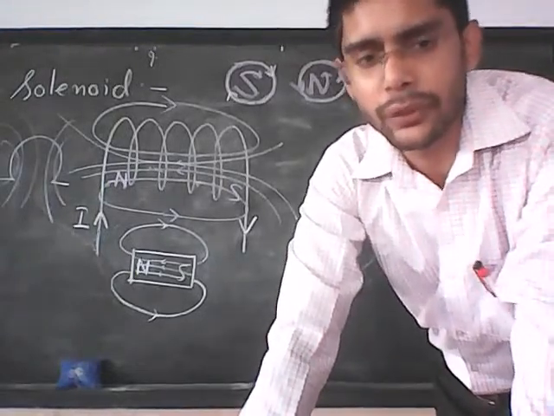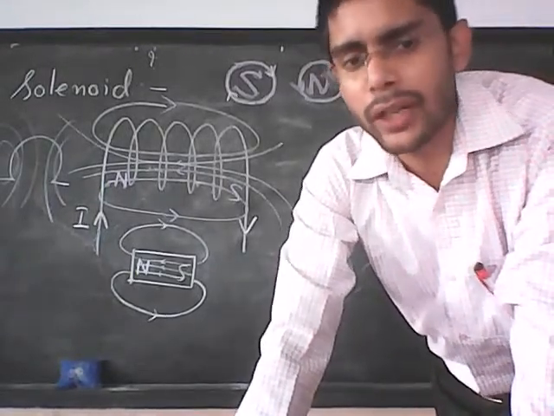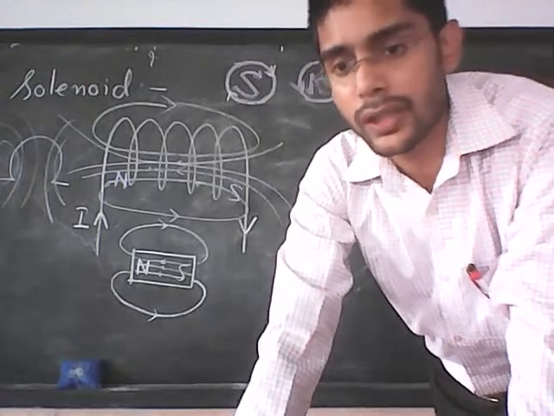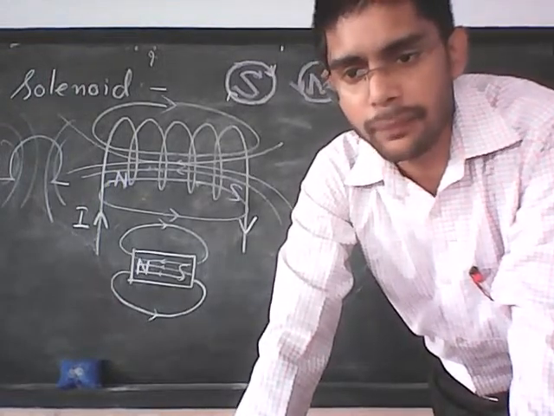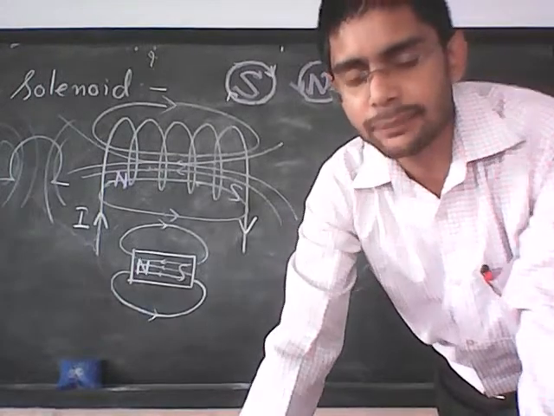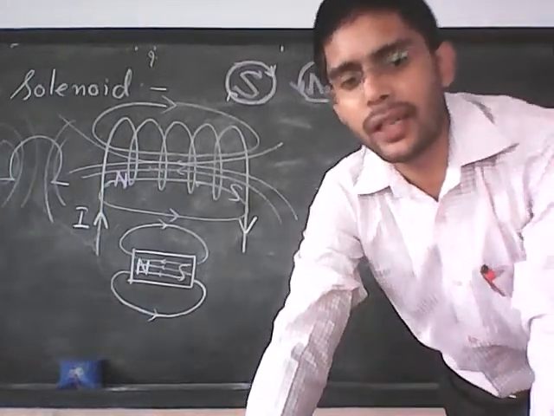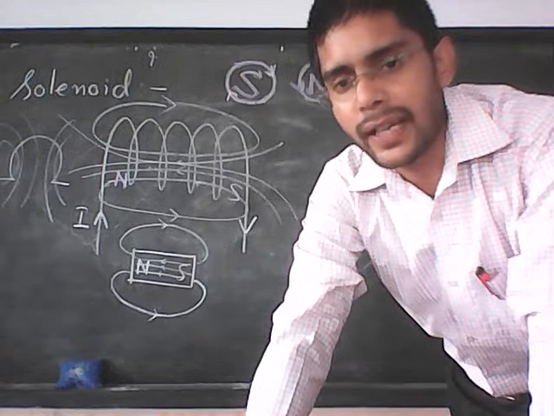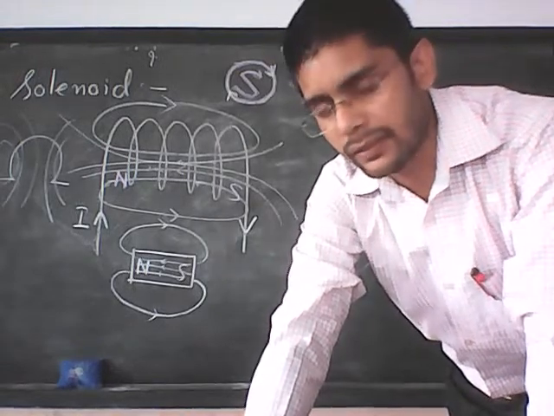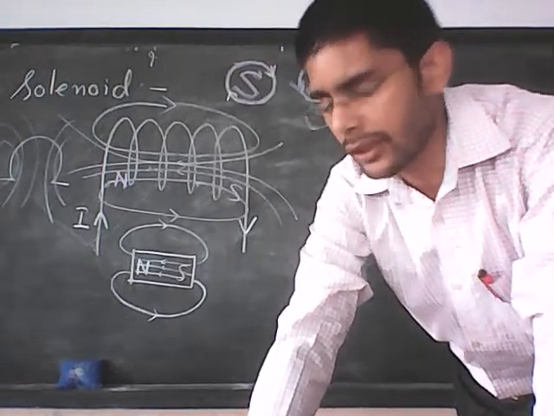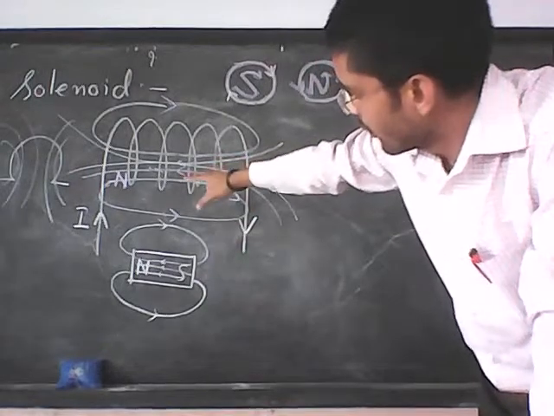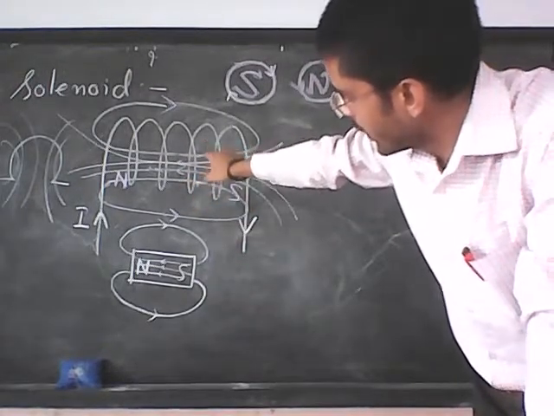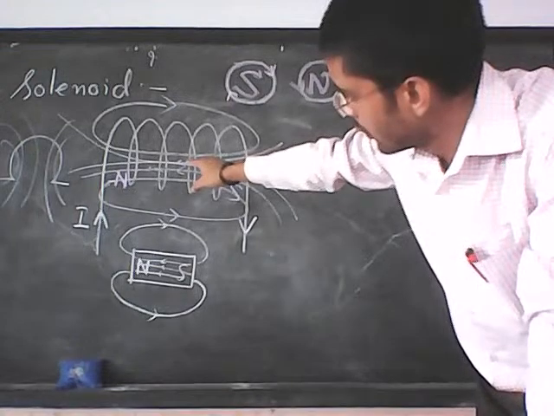There is some homework for you that you can write: why soft iron is used, not steel. And similarly, what are the differences between an electromagnet and a permanent magnet. I'm just telling you, after that you can go. See, now the current is flowing anti-clockwise.